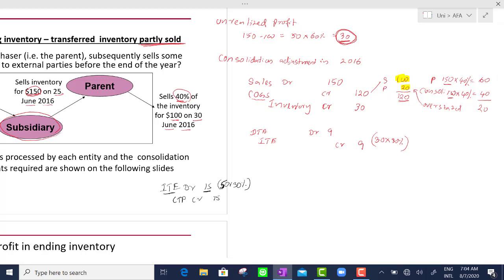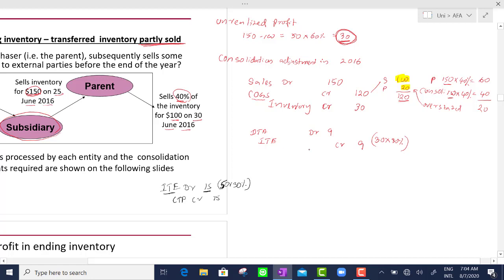Therefore, the carrying amount of the asset is decreased, so it creates a deferred tax asset. Because we credited the inventory account, the asset's carrying amount decreased, and a deferred tax asset of 9 was created.